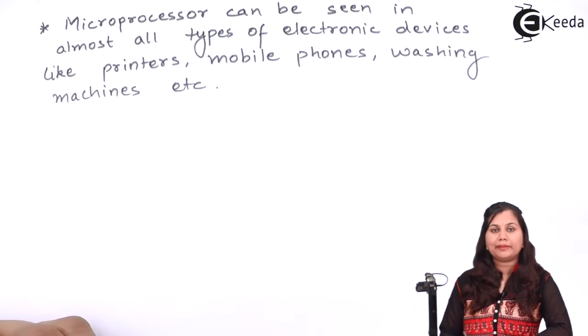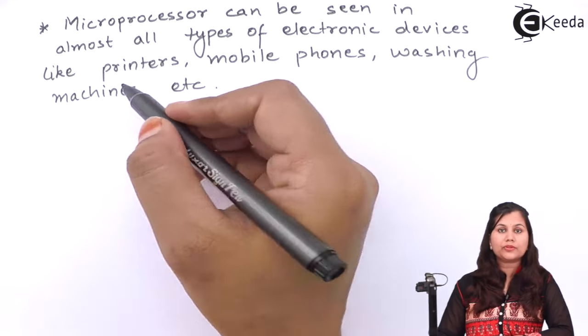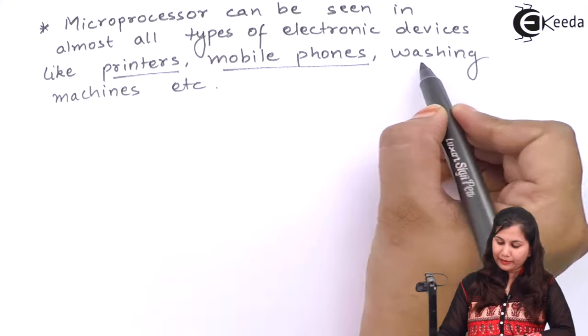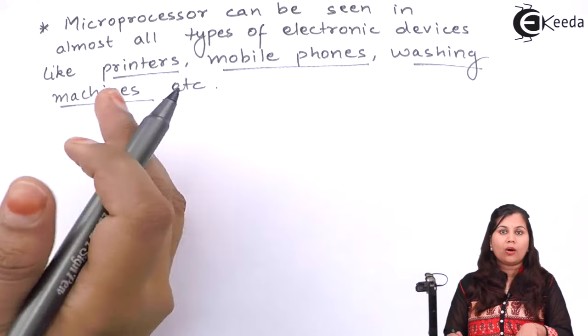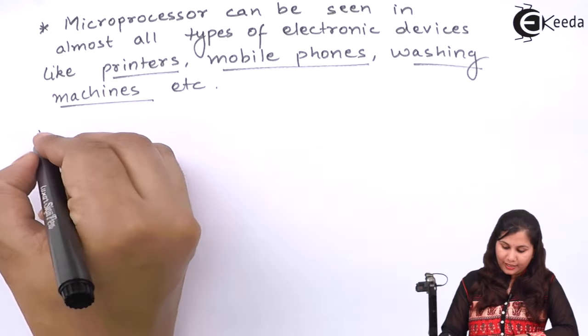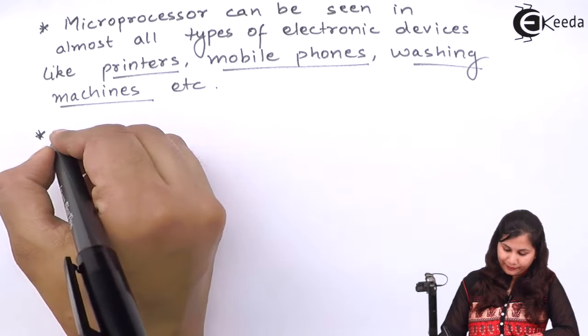So these are the applications of the microprocessor: it can be seen in almost all types of electronic devices like printers, mobile phones, washing machines. All these devices use the microprocessor.